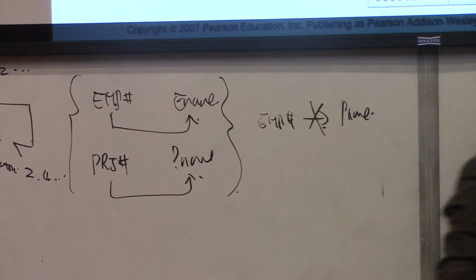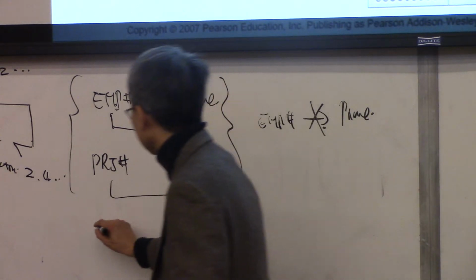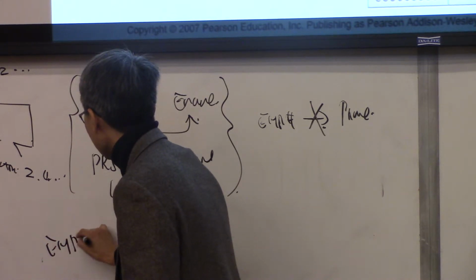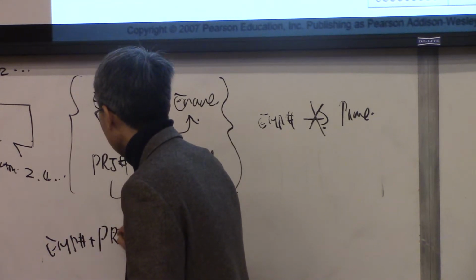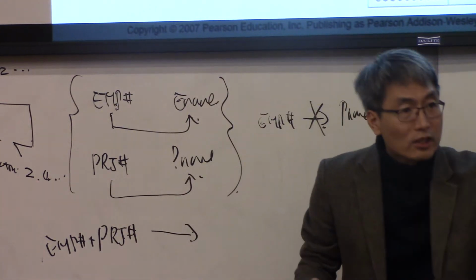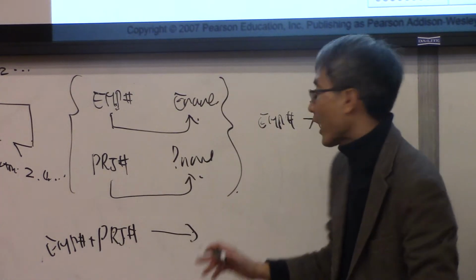Actually, there is another one in this. Okay? That's the number of hours. Number of hours is what? Employee number plus project number determine one for each employee. For each project, how many hours?